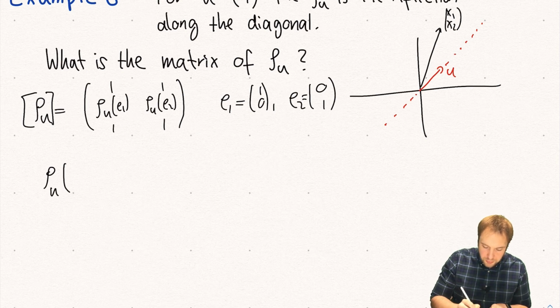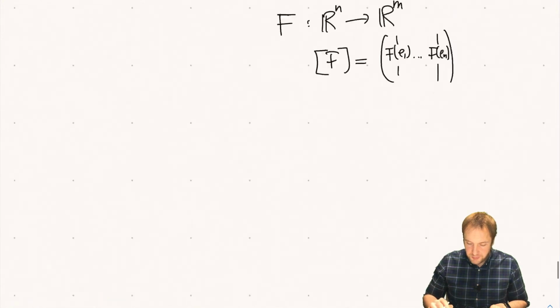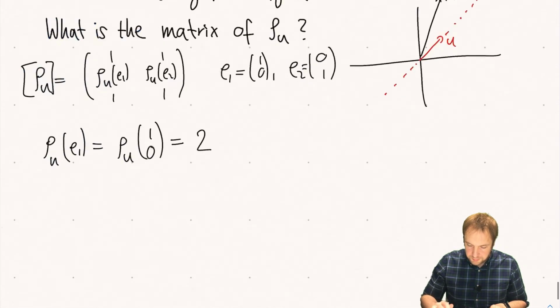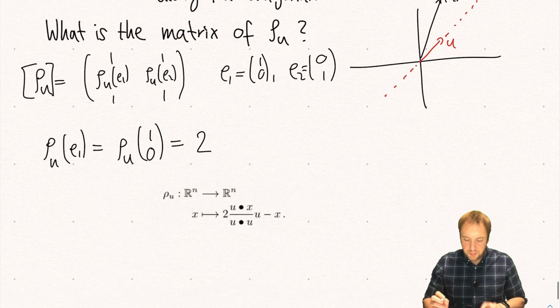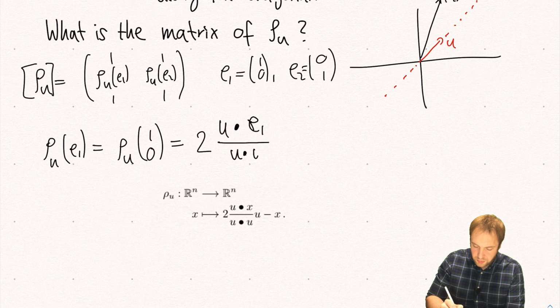What is rho_u of e1? Well, this is rho_u of (1, 0). And by definition, maybe let's steal the definition from here, it's 2 times the scalar product of u with x, so e1, over the scalar product of u with u, times u, minus e1.